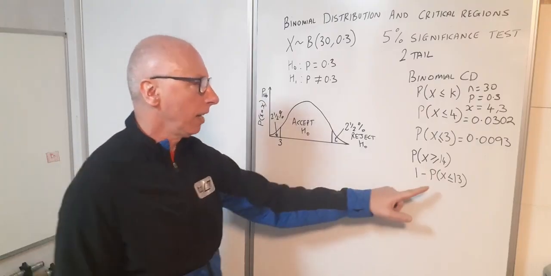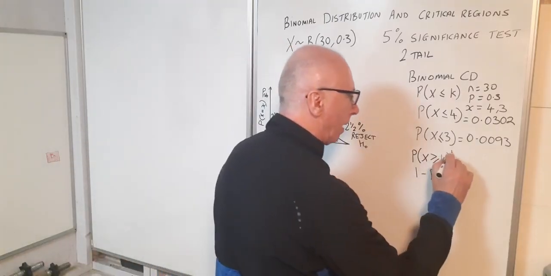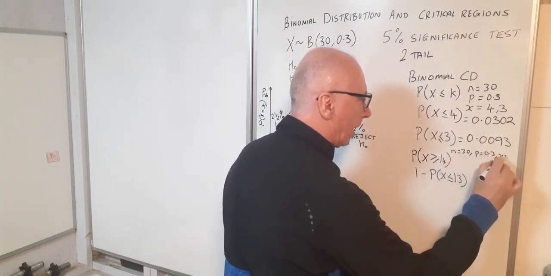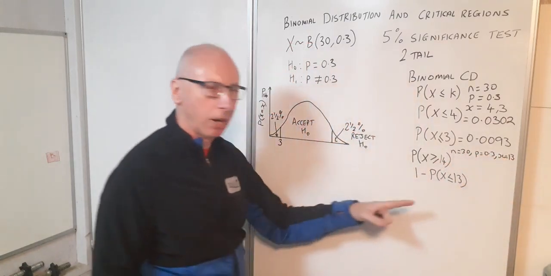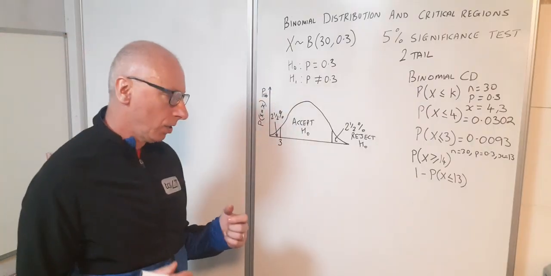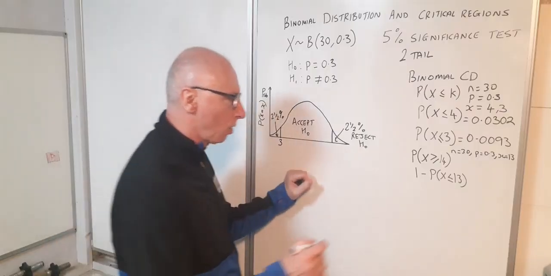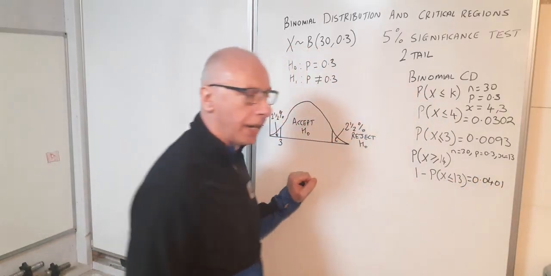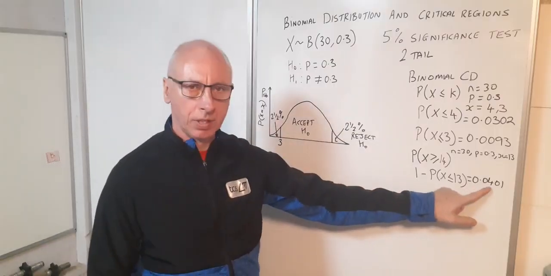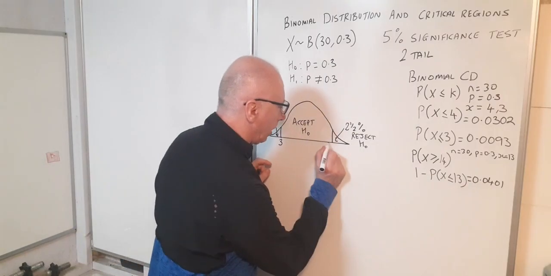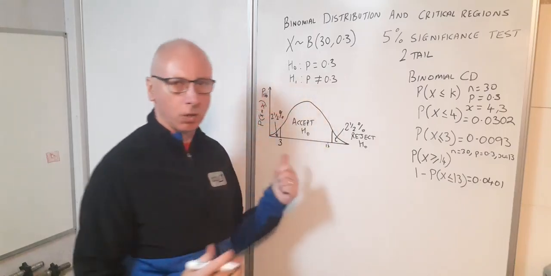So for these, you'd have n is 30, p equals 0.3, and X equals 13 for your first calculation. Type that in your calculator and you'll get approximately 0.0401. And again, this one is 4%, so that's slightly too big. So 13 would be around about there. That's no good to us.